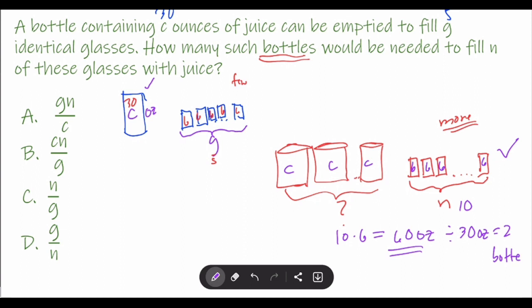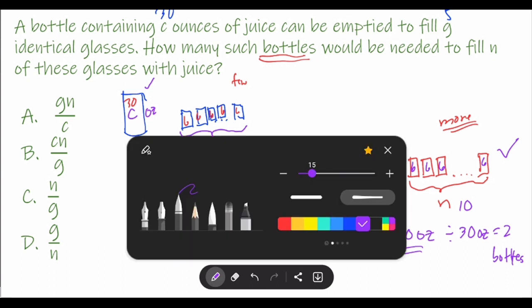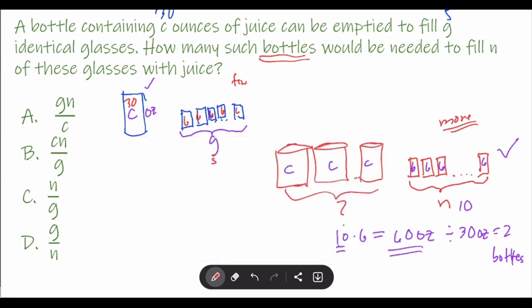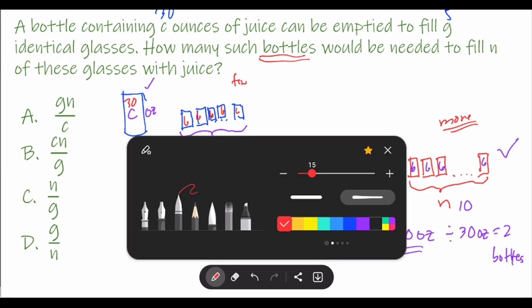But that will be our guide. So how did we do that? First, we multiply this 10 and 6. So let's label all of those by specific letters.